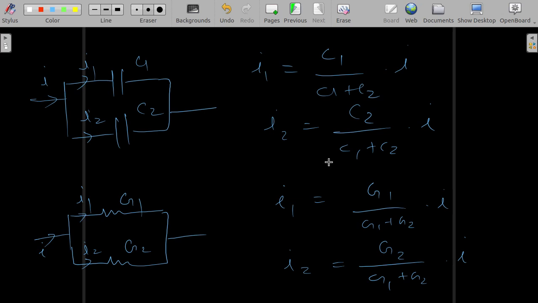So with this I'm stopping the lecture here. In the next lectures we will start with KVL and KCL, and we will do some more problems. Okay, so my request is that you go through these series and parallel connections, and this voltage division and current division for all resistances and capacitance.